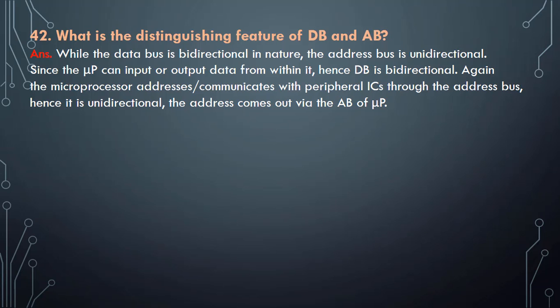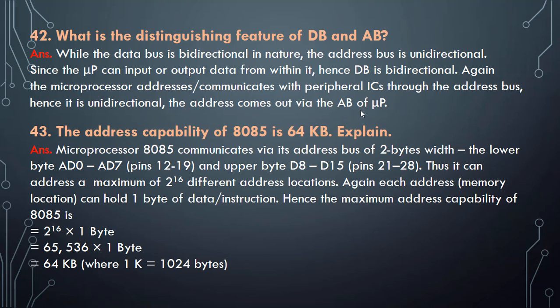The address comes out via the address bus of the microprocessor. The address capability of 8085 is 64 kilobytes. Explain this. The microprocessor 8085 communicates via its address bus, that is 2 bytes in width.